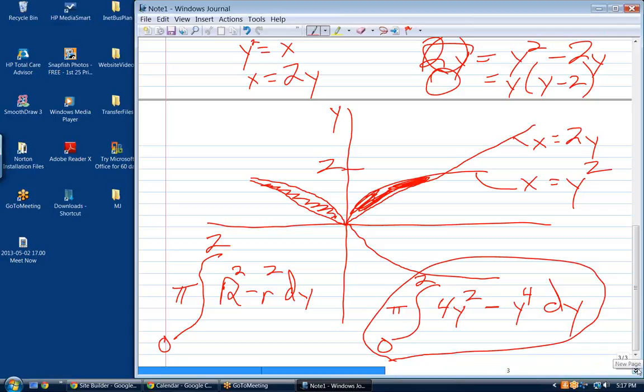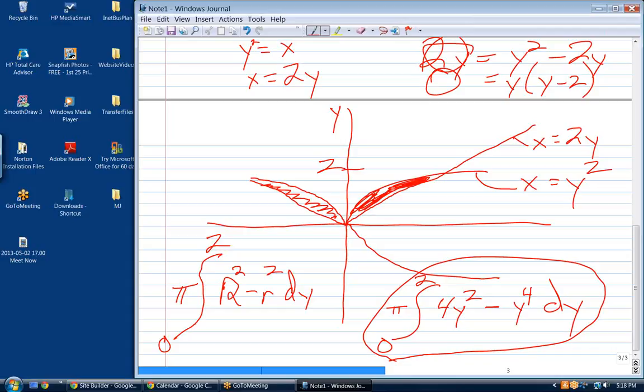Let's go on. Notice, before we go on, this could be done with cylindrical shells. You see how? This is a good case because this is a problem that you can do with either one, because both of these functions can be defined as functions of x. If you did it with cylindrical shells, the skinny part of the cylindrical shell is going to be perpendicular to the x-axis, meaning you would be integrating along the x-axis.